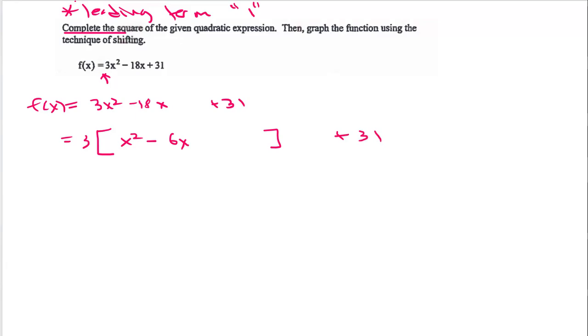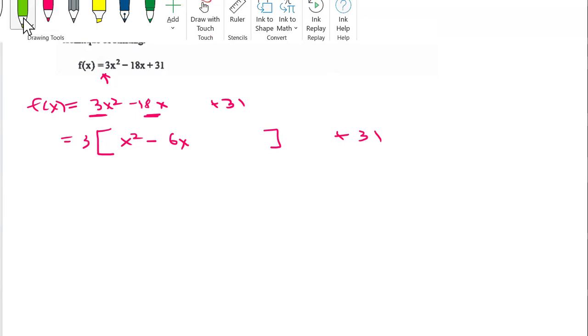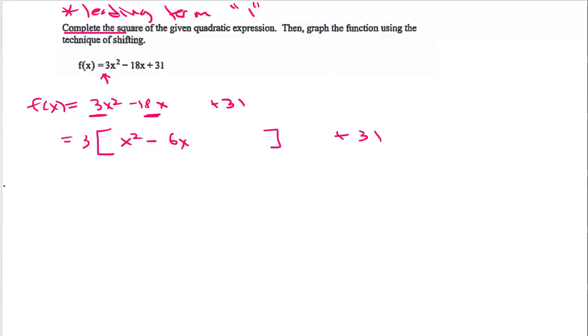Okay. So that's the key part in solving this: we need to pull out whatever factor is common between the first two terms. And now we have a situation where we can complete the square, because the leading term is a positive 1. Okay. So we'll have our (b/2)².